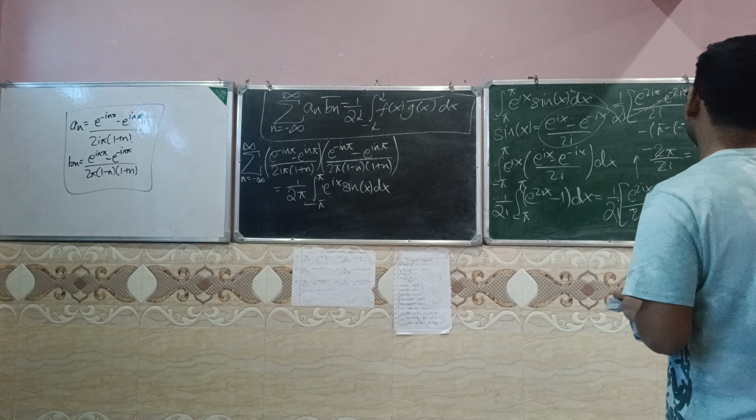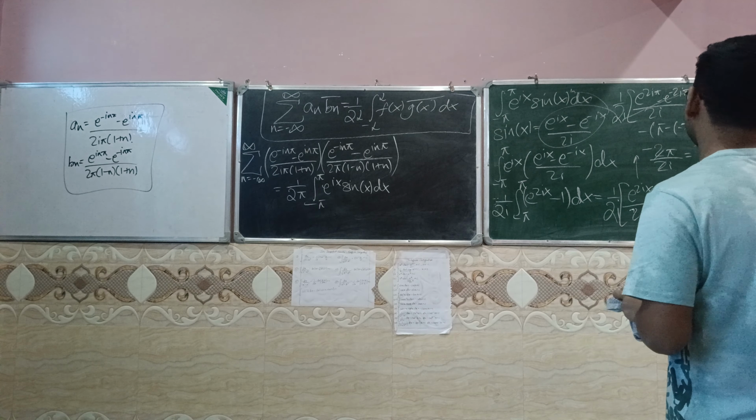So yeah, it is coming out to be minus pi over i. And if you multiply and divide with i, that's gonna help us to get rid of this negative. So basically it's evaluated to i pi.